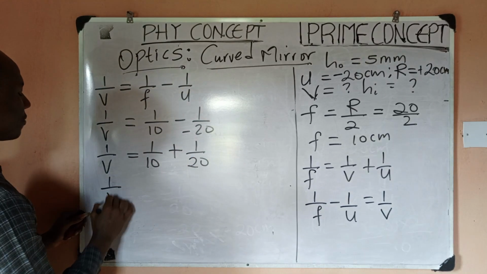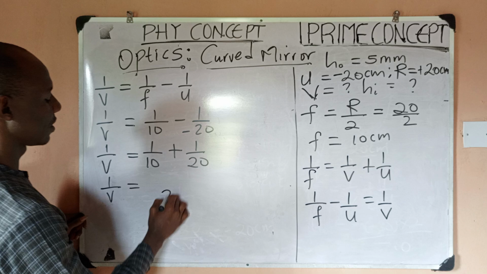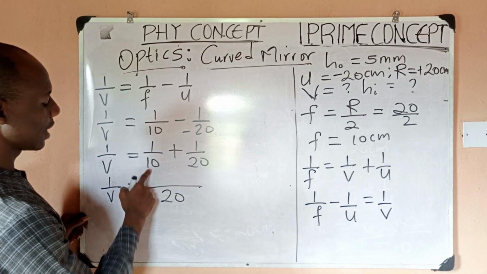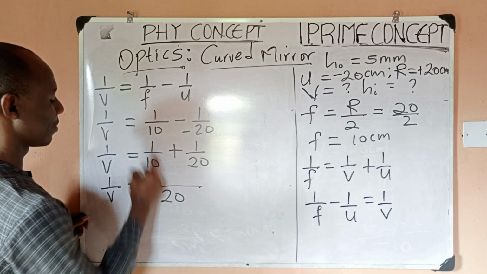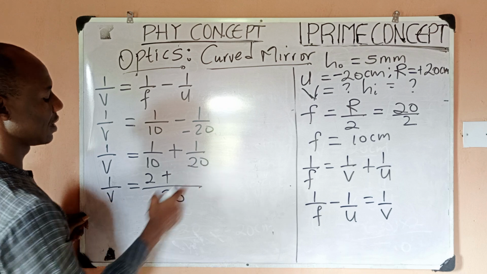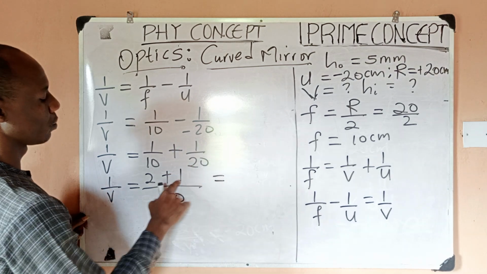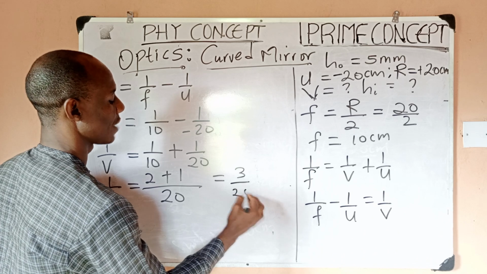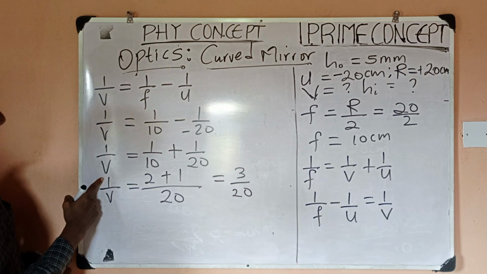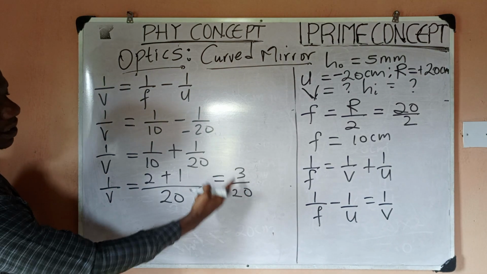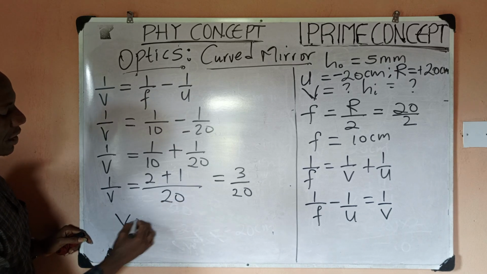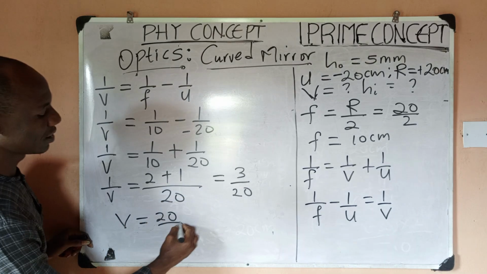So 1 by v is equal to what? Now my LCM is 20. 10 in 20 is 2, 2 times 1 is 2. 20 in 20 is 1, 1 times 1 is 1. So automatically I have 2 plus 1, which is 3 divided by 20, right? Now remember, this is 1 over v, which is 3 over 20. It means that v itself is going to be 20 divided by 3.